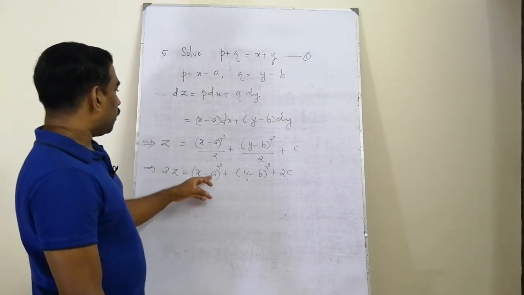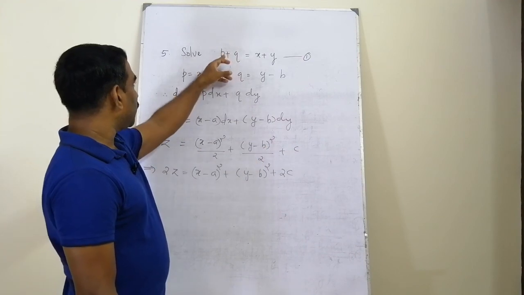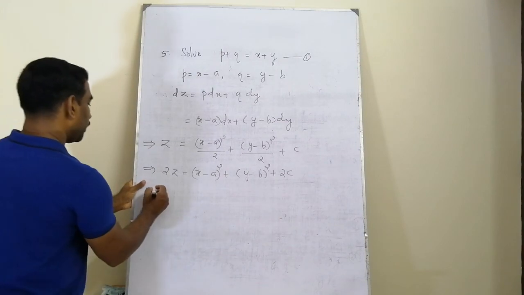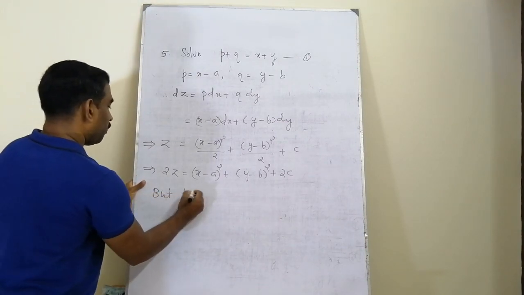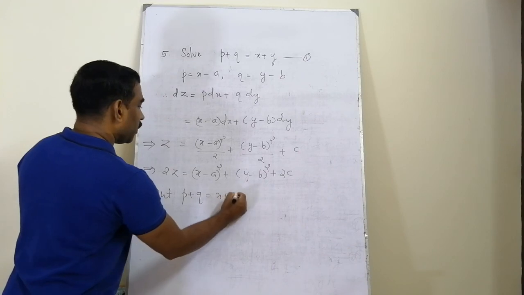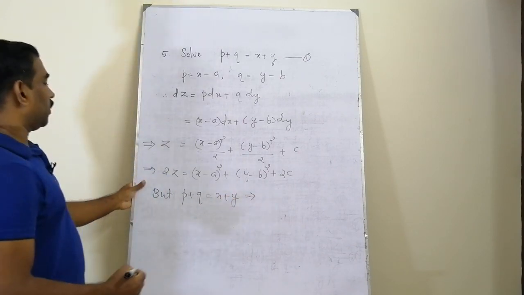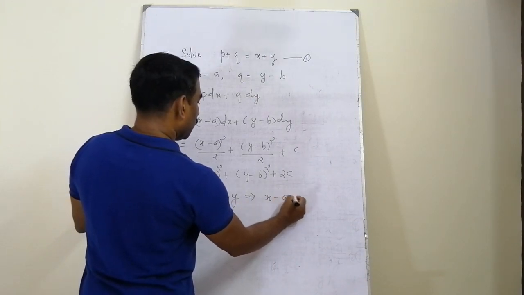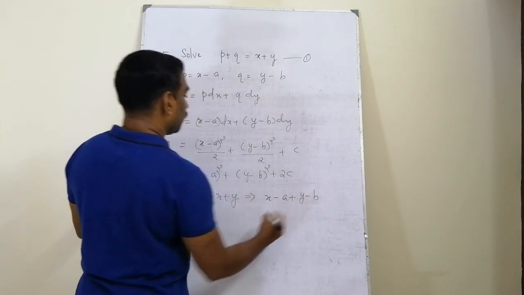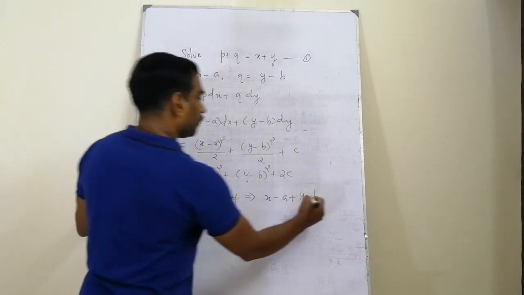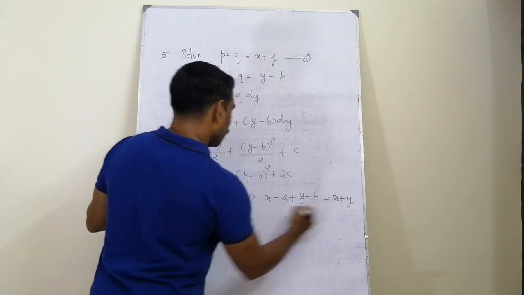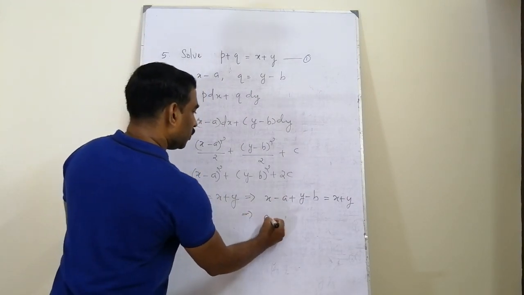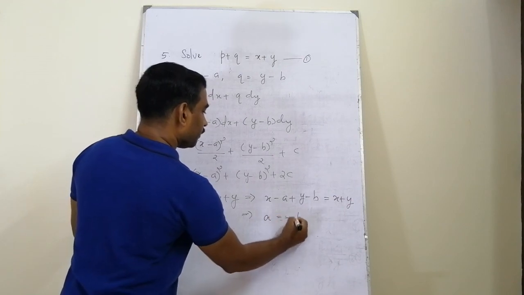Now we can eliminate one arbitrary constant from the relation using the relation p plus q is equal to x plus y. But p plus q is equal to x plus y implies we are substituting for p and q, that is x minus a plus y minus b is equal to x plus y. So that implies, cancelling x plus y from both sides, a is equal to minus b.